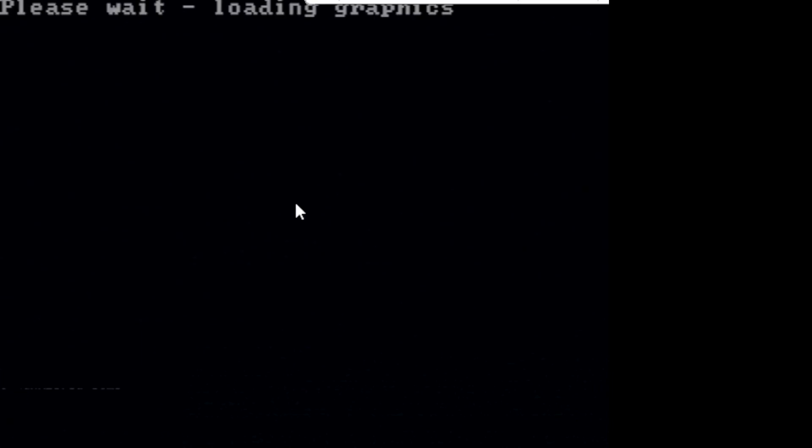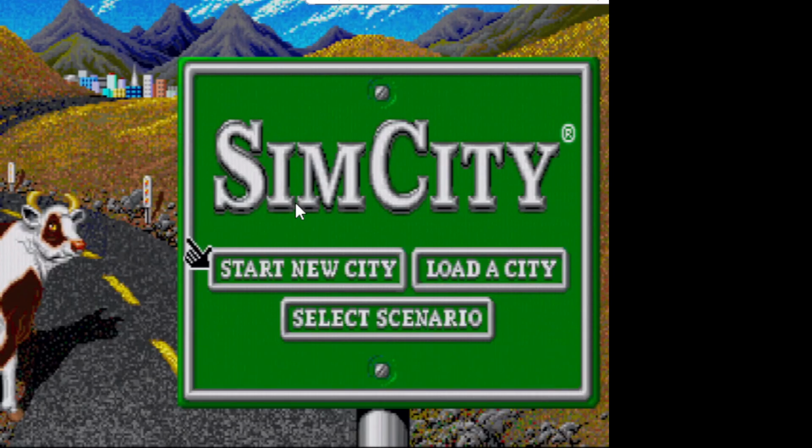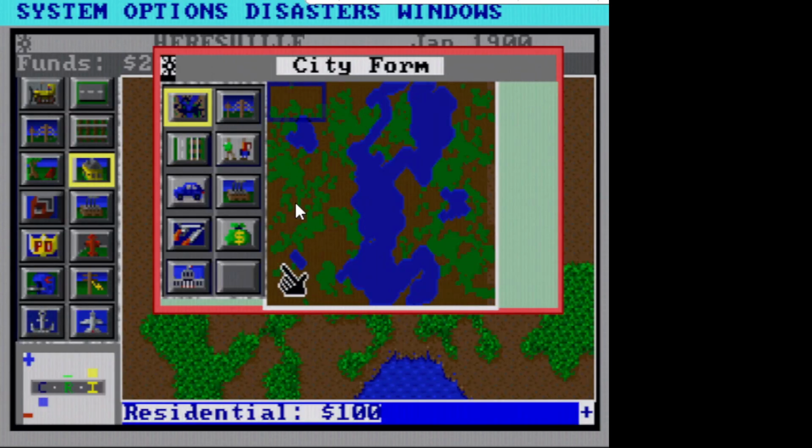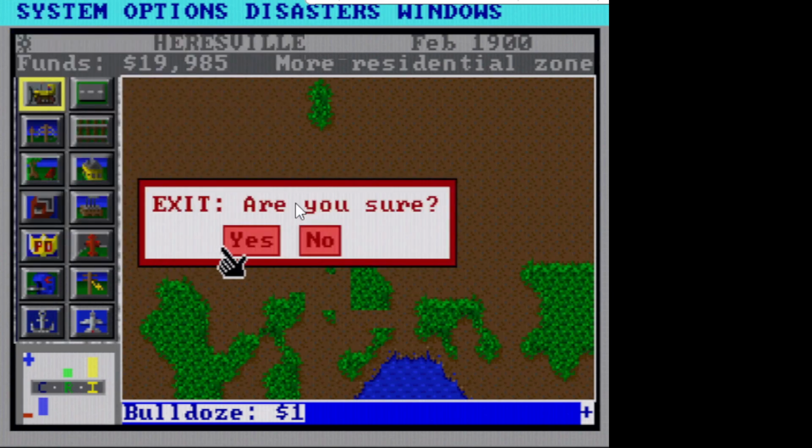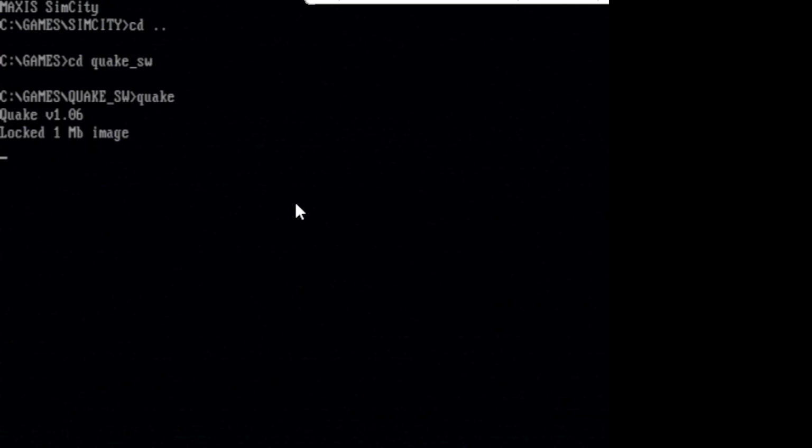Simcity, I think this one works anyway. Bulldozer, yeah. Quake, try Quake if this system can run it. Yeah, it's a 486.